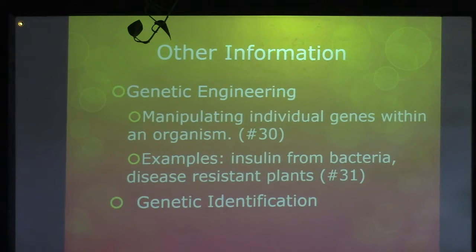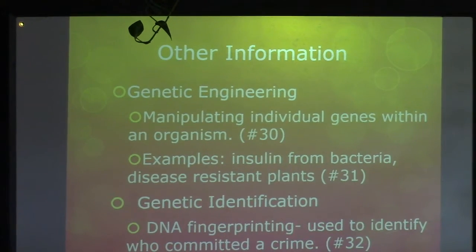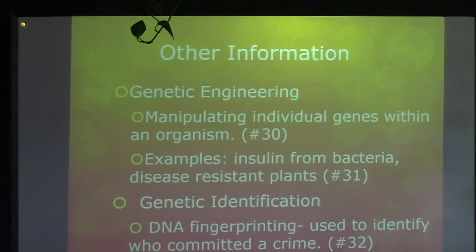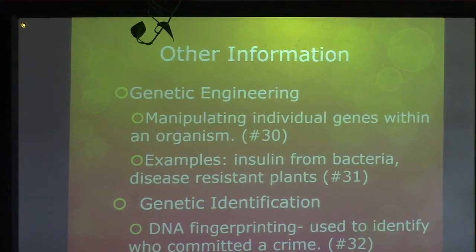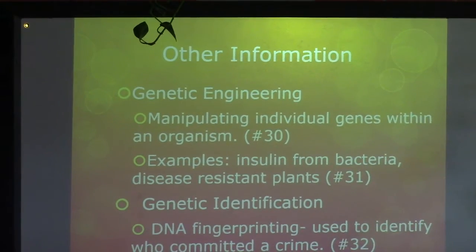So, the other thing we do with genetic identification, which has been made popular with shows like CSI, is DNA fingerprinting, used to identify who committed a crime. In the old days, they just took fingerprints and matched them to different people's fingerprints.